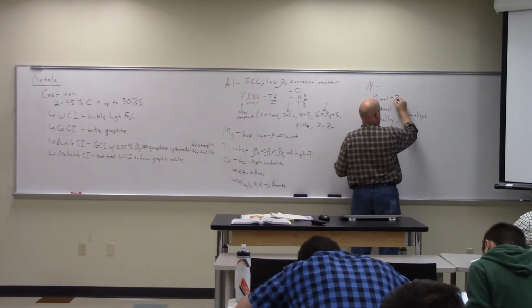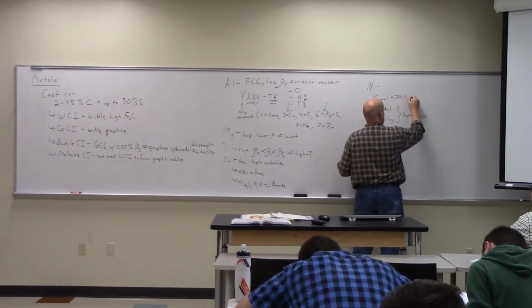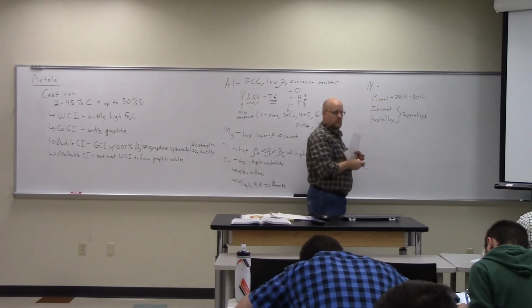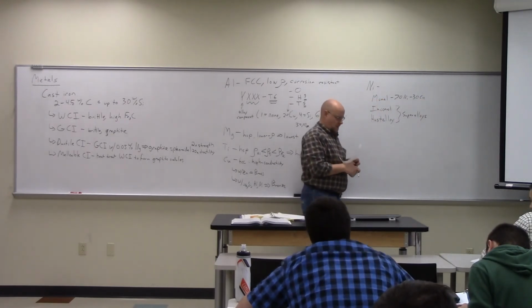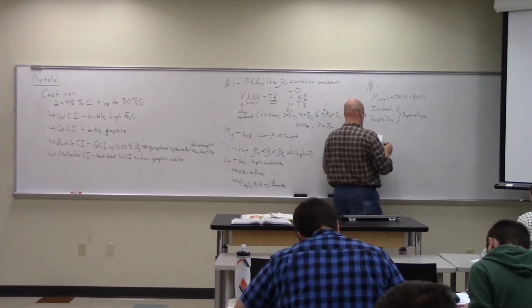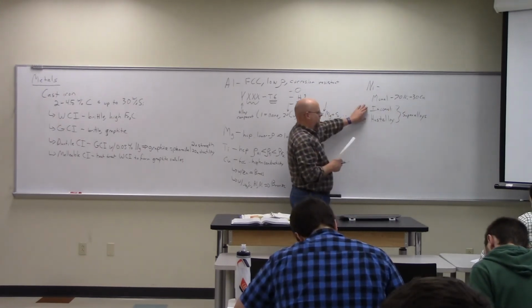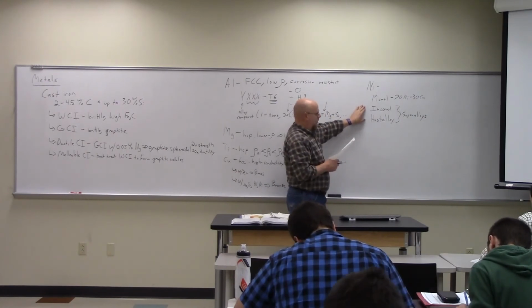Monel is what you call 70 nickel, 30 copper. The rest of these have nickel, chromium, iron, molybdenum. There are several alloying elements there.